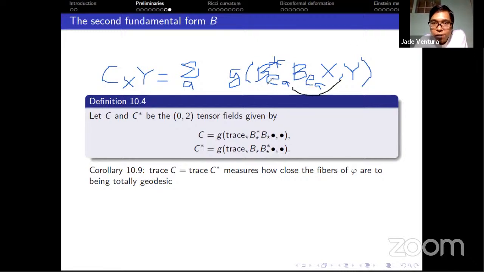B outputs a vector, so that black thing there is a vector. So this is a vector, and G of a vector comma a vector, that's a scalar. So this whole thing is a scalar, that's C.